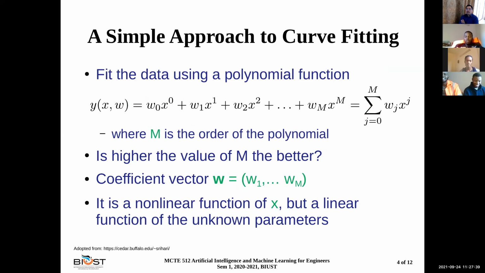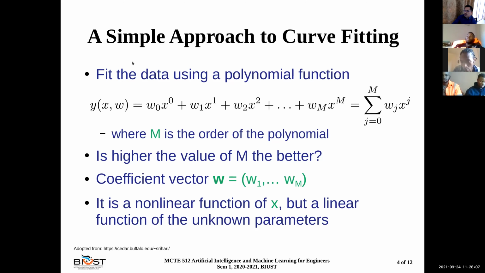Okay, now a simple approach is curve fitting in order to solve for that function of linear regression. And we have done this, you have experienced this, I'm sure, in some of your classes. So let's just revisit it in order for us to give a background of what we are doing in machine learning.